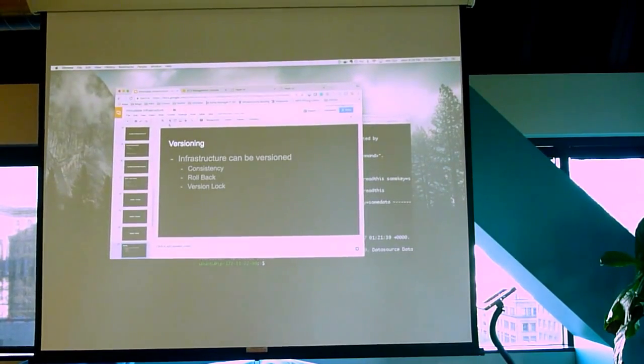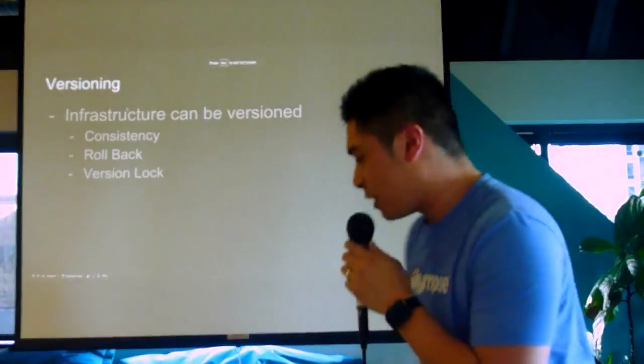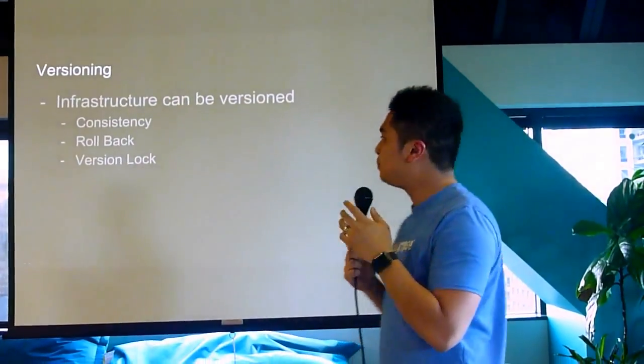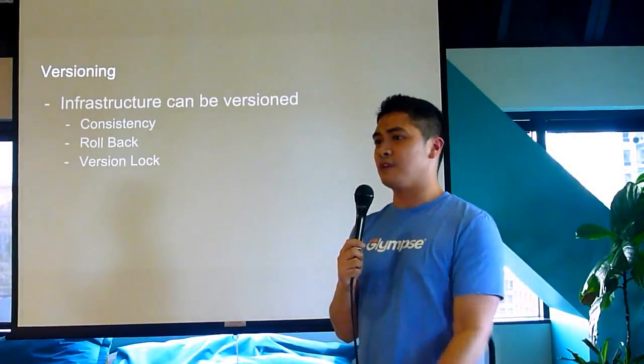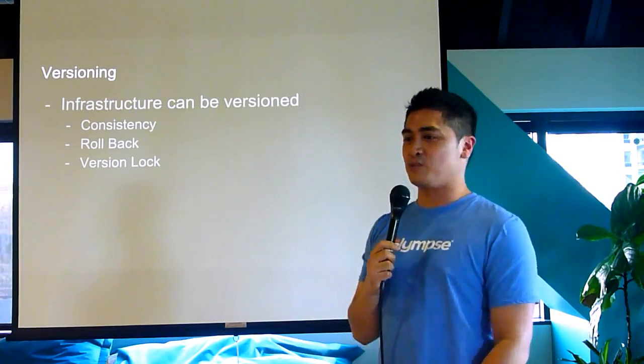So first of all, here's another good part about immutable infrastructure. If executed correctly, you can actually even version your infrastructure, right? So have version 2.0, it goes out into production, things just start breaking immediately, right? Something's wrong.